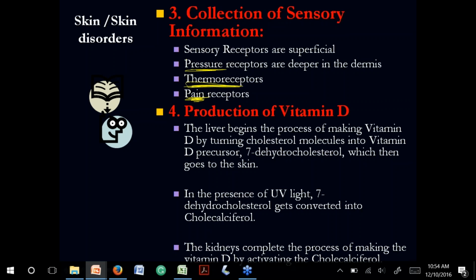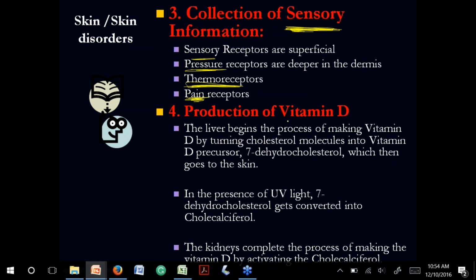Pressure receptors are sensory receptors that make you feel what you are touching. Can you imagine trying to eat with a spoon and you cannot feel the spoon? So that is the sensory receptor, and that's very important. So we have collection of sensory information. That is what I want you to keep in mind.